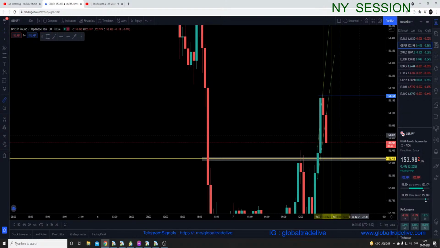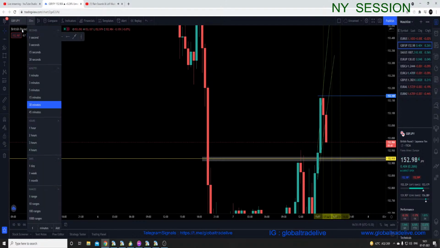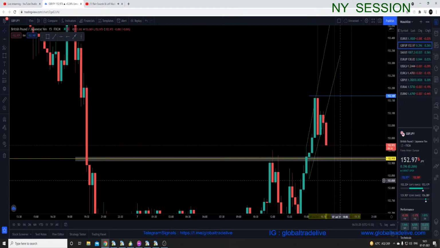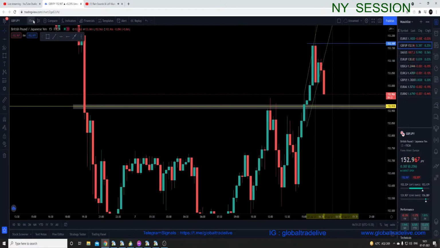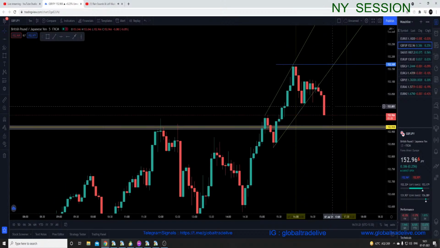Because the thing is, the range here is really low. It's just 8 pips. So there was no point taking a sell trade at that point. Let's see if it goes 10 pips down or not.